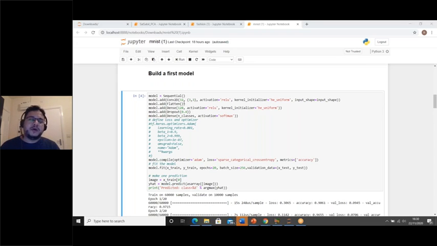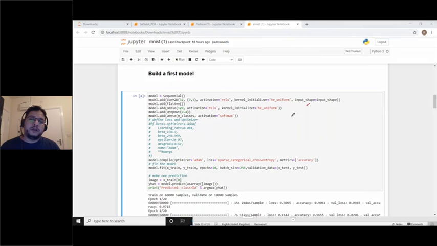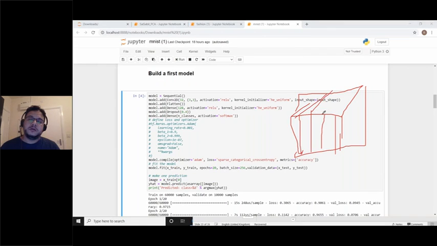Flatten is used because the output will be something like this. These are my feature maps, which are 2-dimensional outputs. We have here 32, and here we have the size.